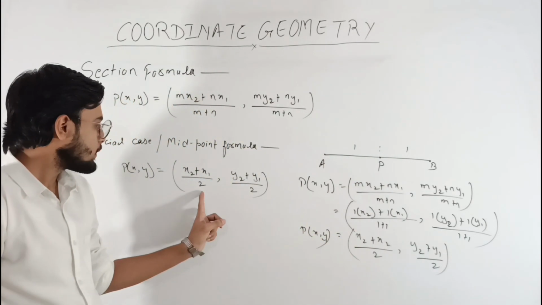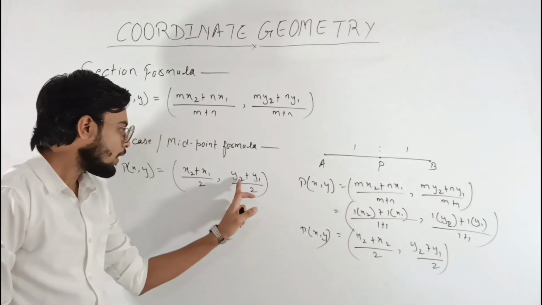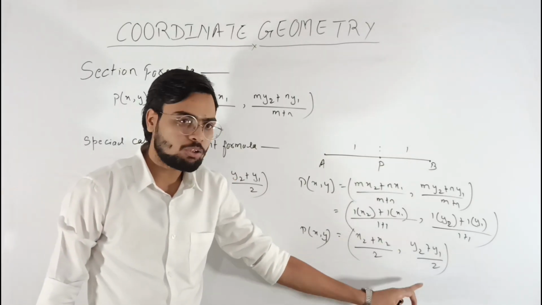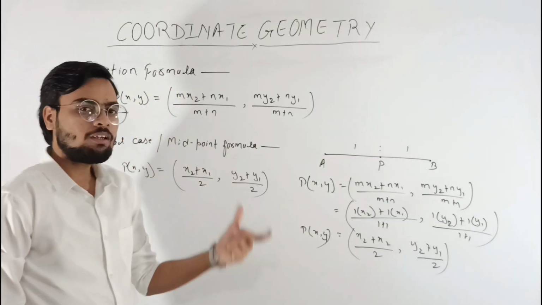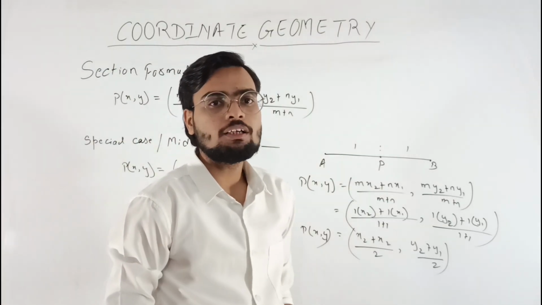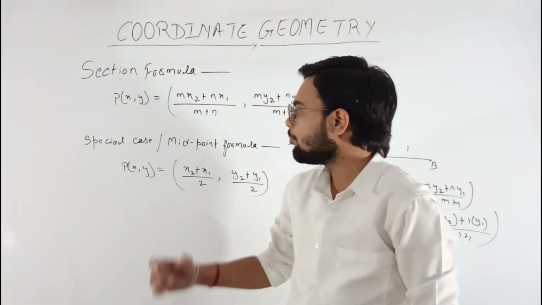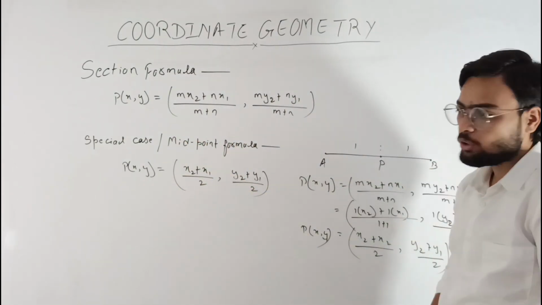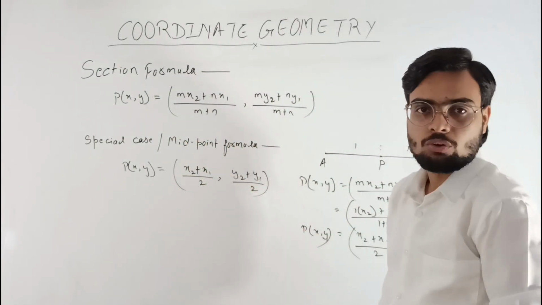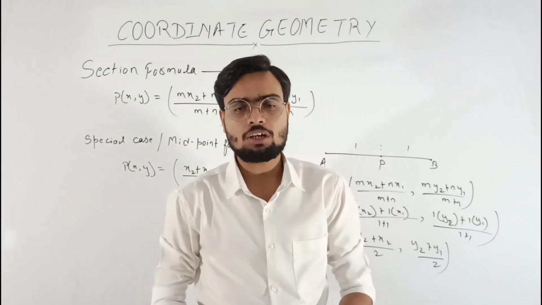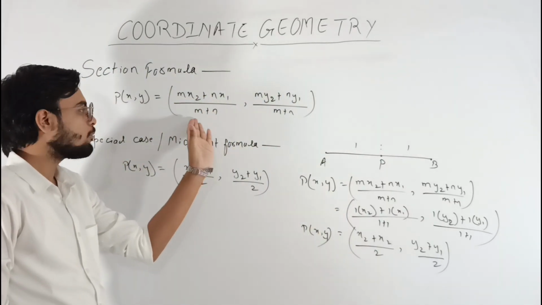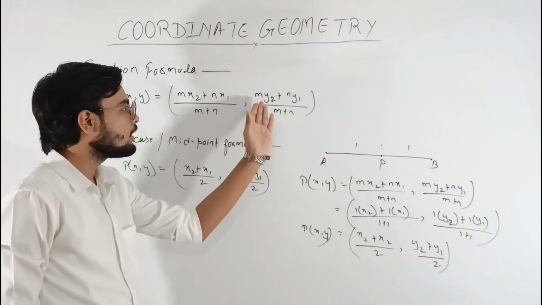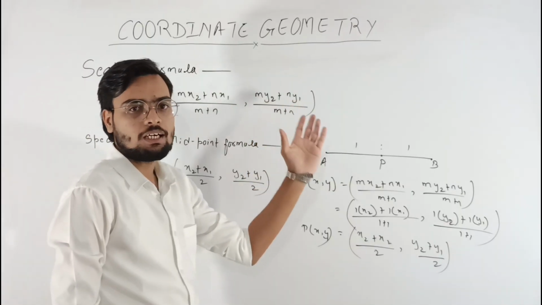So midpoint formula is derived from section formula. When the point is the midpoint of a given line, then we use midpoint formula, which is x2 plus x1 upon 2 and y2 plus y1 upon 2. And when point P is not a midpoint, then we use section formula, which is mx2 plus nx1 upon m plus n, my2 plus ny1 upon m plus n.